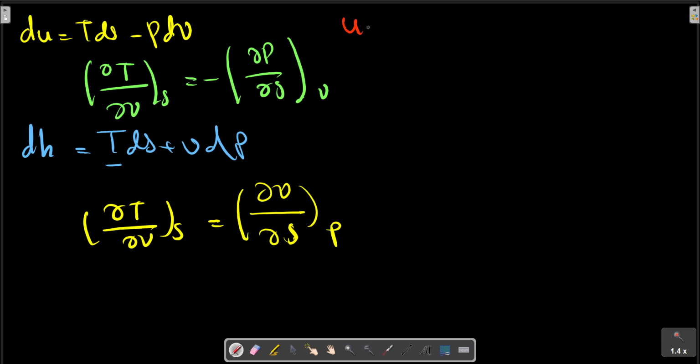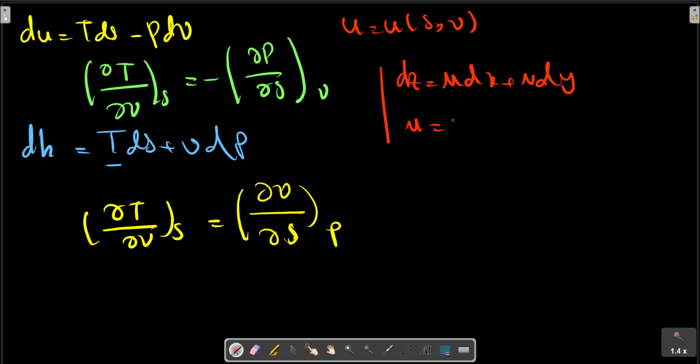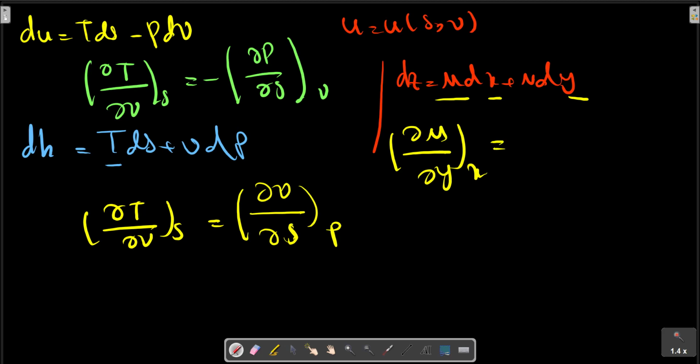You should note that U is a function of S and V. And from the relation dz equals M dx plus N dy, the partial of M with respect to y at x constant should be equal to the partial of N with respect to x at y constant.